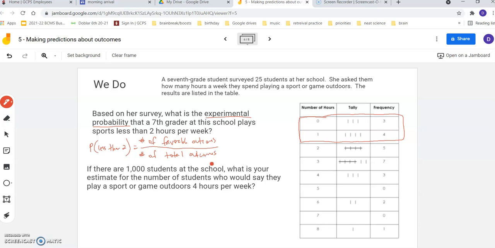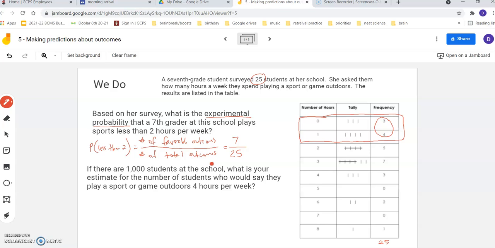So the number of favorable outcomes here is the ones I'm looking at. That is 7. Number of total outcomes. Remember, in the one before, I didn't know, I had to add these all up. Lucky me, here they tell us how many people she surveyed. She surveyed 25. I'm sure if I add all these numbers up, I'm going to get 25, but I would rather just take her word for it.